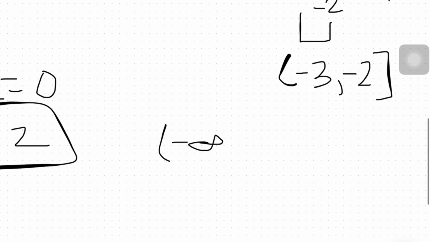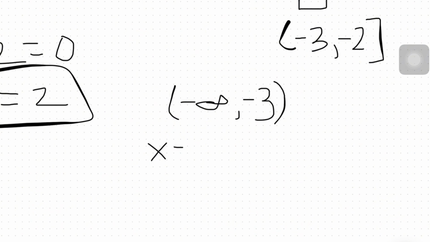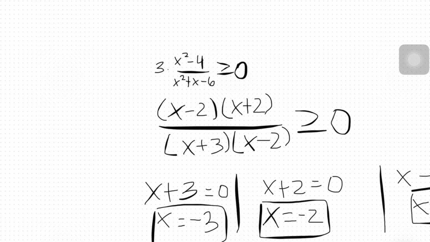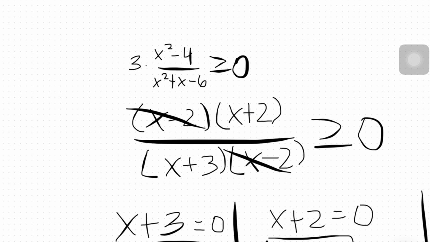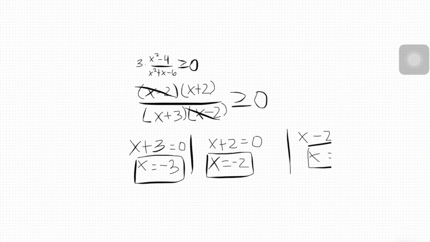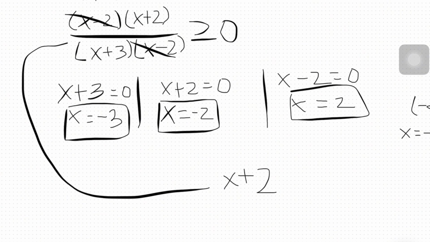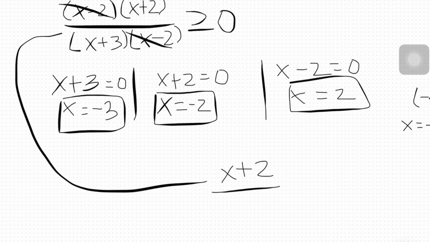Now, for the first interval, I chose negative 4. When substituting, you will use the equation where you cancelled the x minus 2. Now, the simplest form of the equation is x plus 2 over x plus 3.